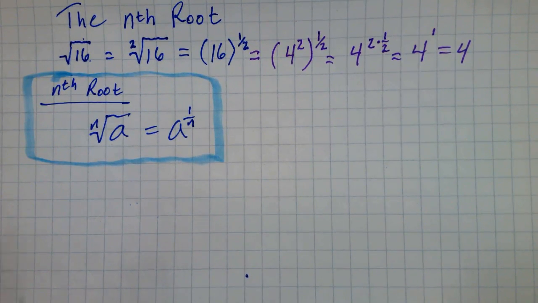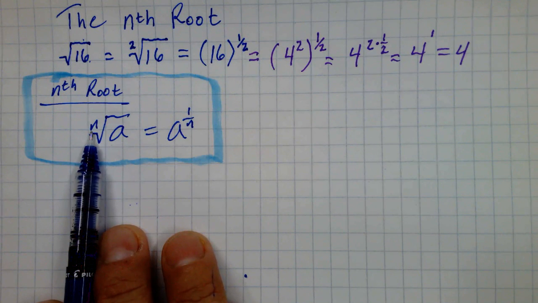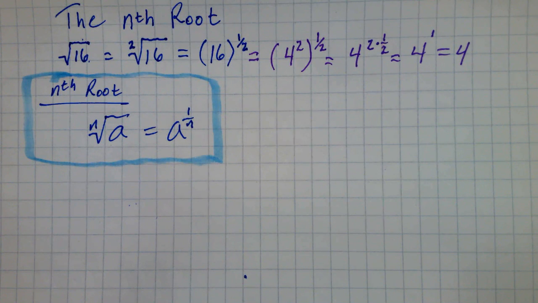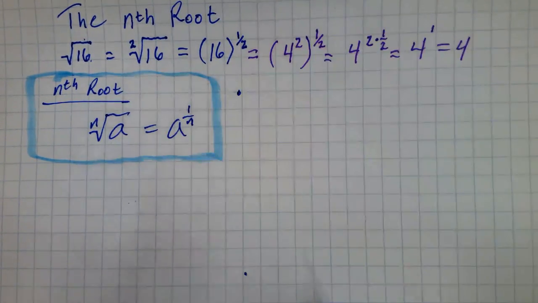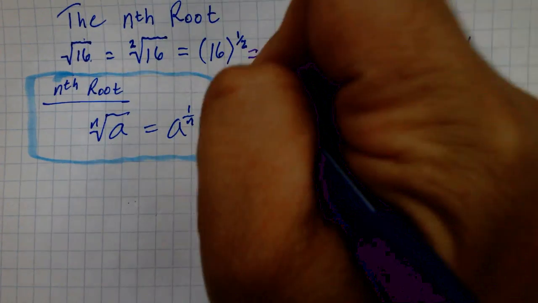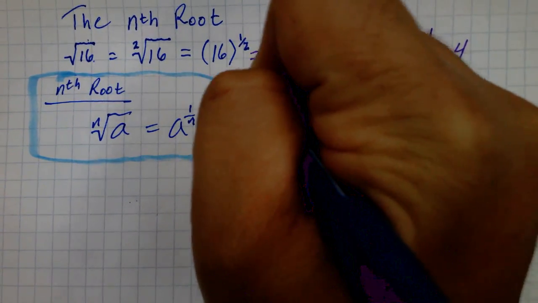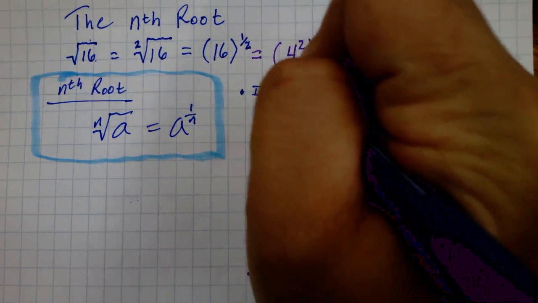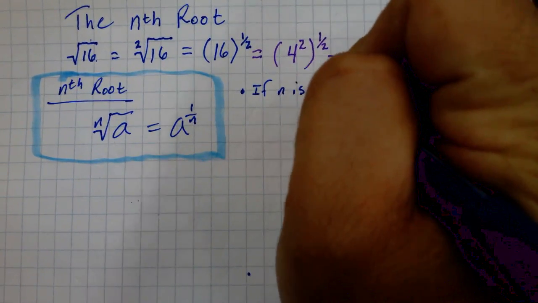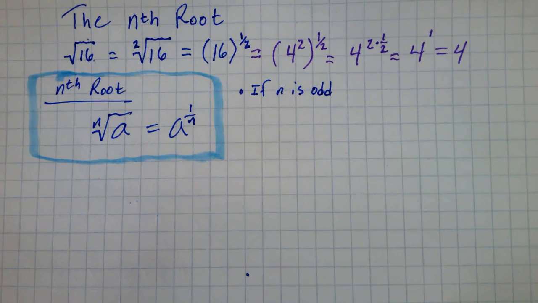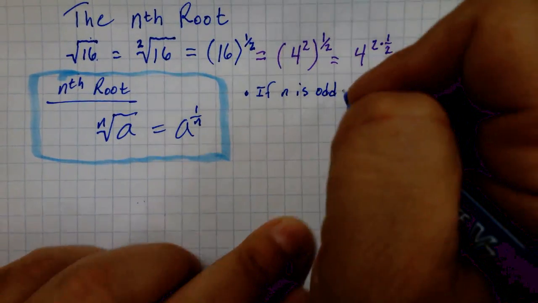Now, what is important is if we're dealing with just whole numbers, if n is odd or even, then certain things are going to happen. So we should probably write those down. Okay? So let's do this. If n is odd, okay, so if n is an odd number, then you have one real root.